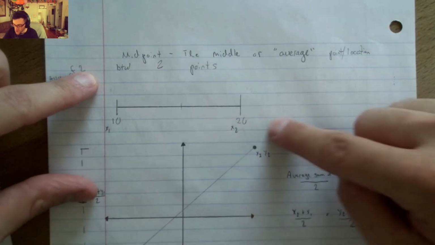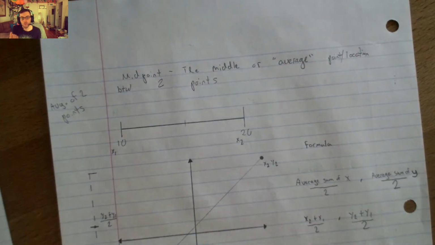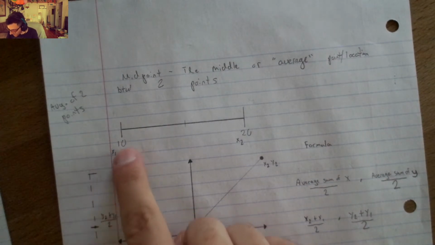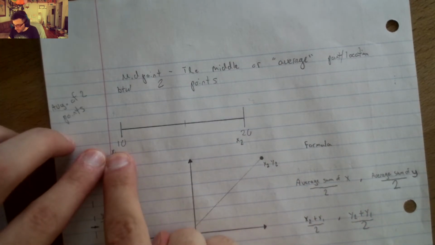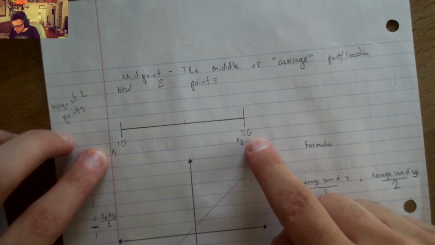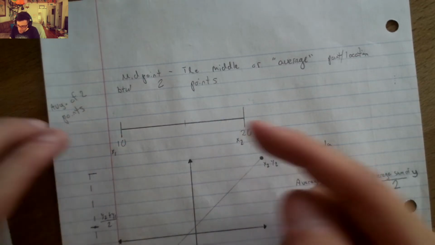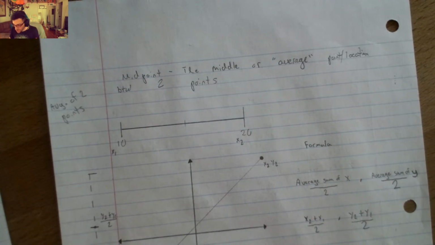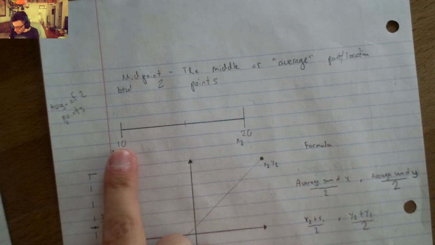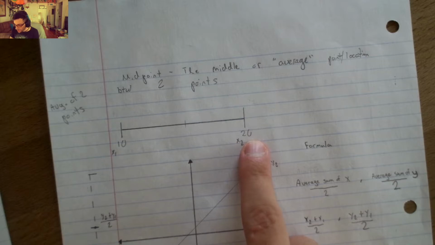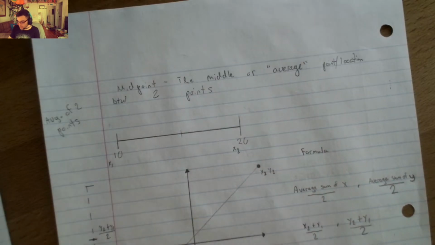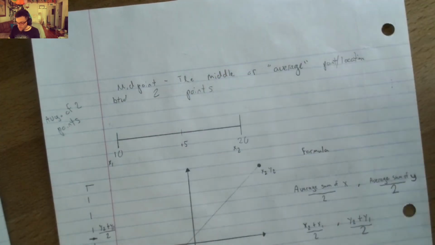This would be a representation of just one numeric value. If we were to go from point 10 to point 20, we know that in our head the middle of 10 and 20 is 15, but we can also just do 10 plus 20, which is 30, divided by 2, and that lands us right at 15.